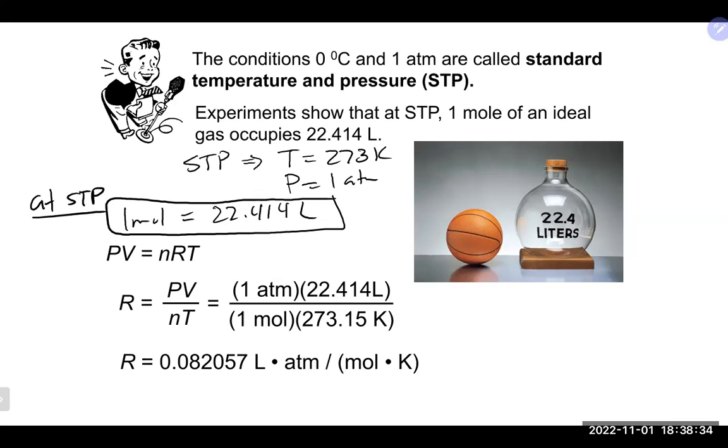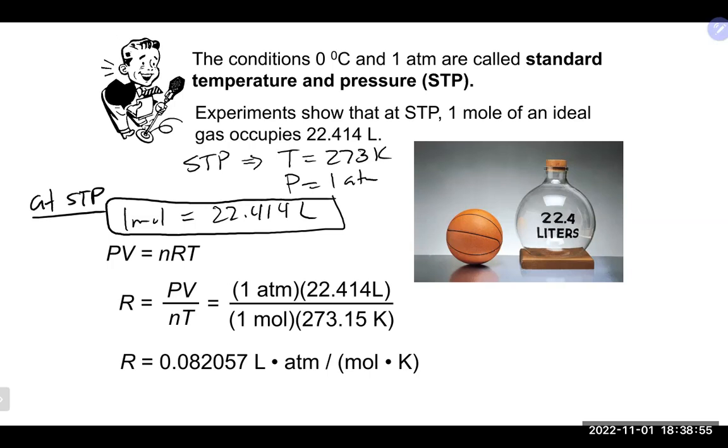If either one of those is not those values, then you should not use that conversion. You should use the ideal gas law. The benefit of this conversion is that sometimes it allows you not to need the ideal gas law, but you should only use it at STP conditions.